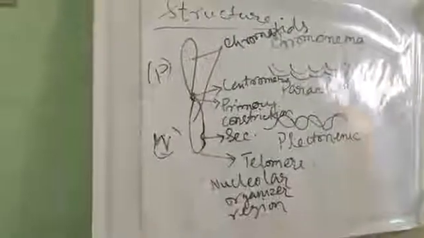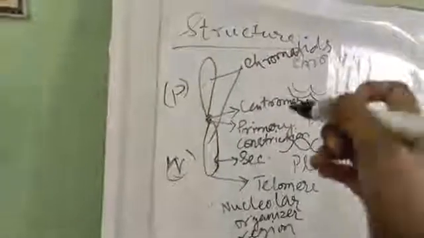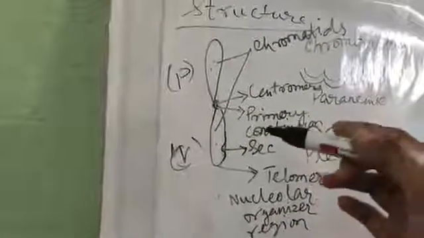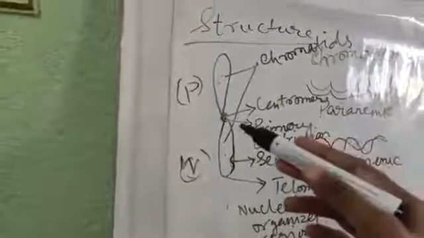Next, in the centromere there develops a fiber-like structure, which is termed the kinetochore.